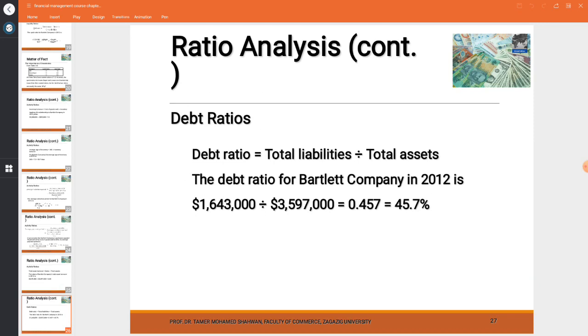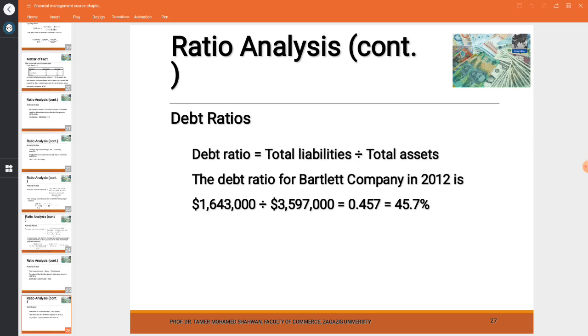The third subsection of this lecture is to assess the level of debt existing in your organization, or we could consider it the leverage. If you are interested to assess the level of debt or the level of leverage, you are going to calculate one of the very famous ratios.